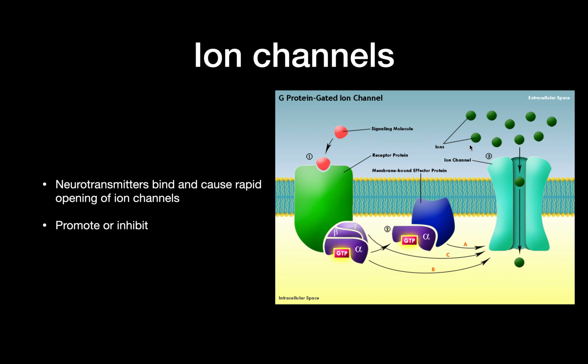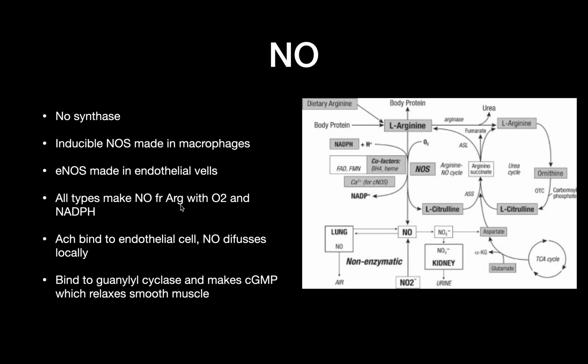Both types make nitric oxide from arginine with oxygen and NADPH, and then acetylcholine will bind to the endothelial cell, and nitric oxide diffuses locally, causing vasodilatation. So then it will bind to the guanylyl cyclase and make cGMP, which will relax the smooth muscle, and that will cause the vasodilation.